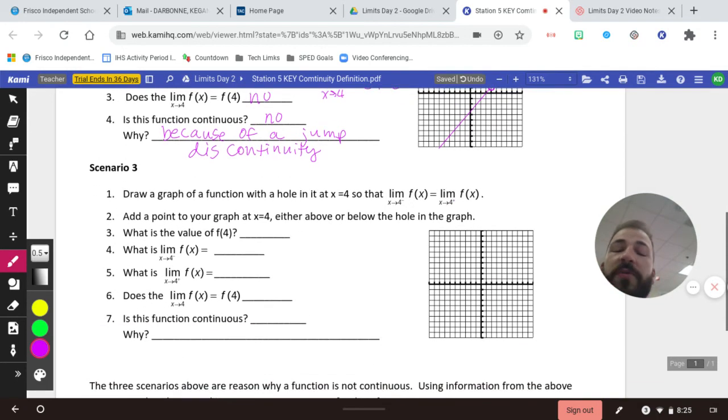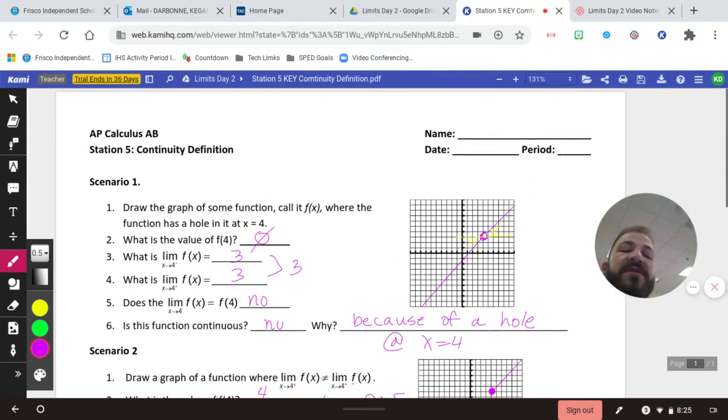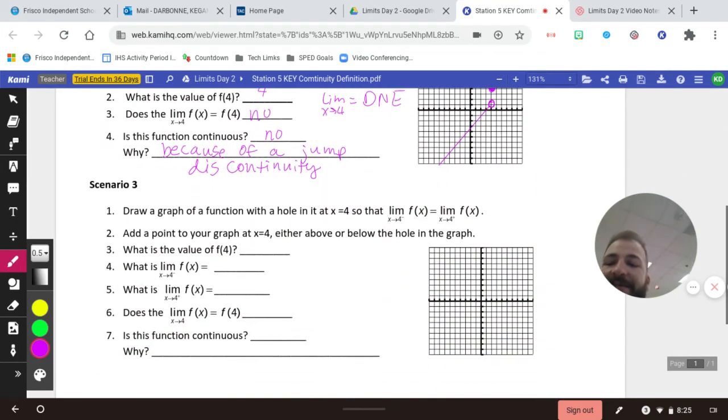All right, scenario 3. We're going to draw a graph of a function with a hole in it at x equals 4 so that the limits, the left side and right side, are still equal to each other, but on our second point, there's still going to be a point there at x equals 4. So let's do our very similar linear function that we did on that last one.